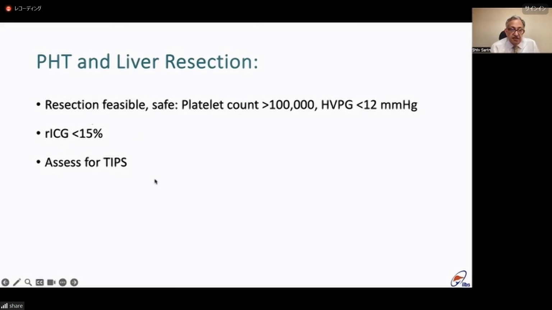If the pressure is high or platelets are low, one can assess for TIPS after doing HVPG and making an assessment. So TIPS can allow resection as well.